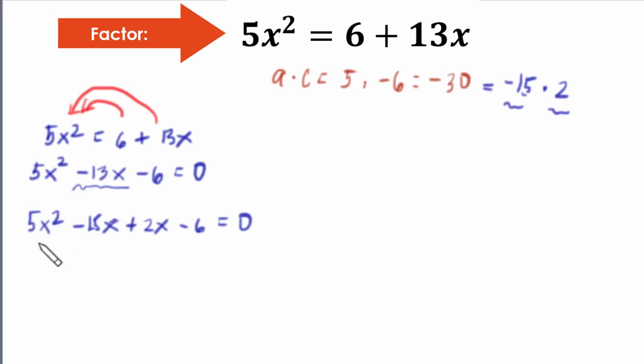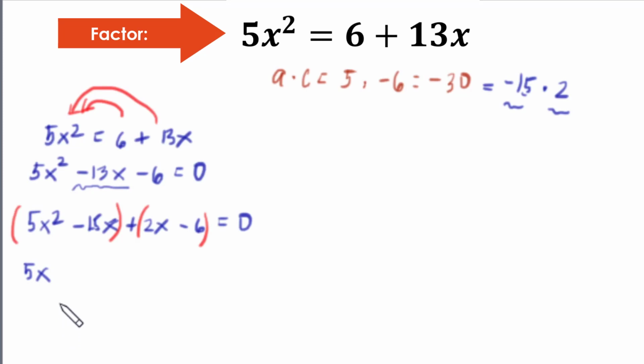So we will group. This will be our first group, this will be our second group. Afterwards we factor out the common terms. So 5x squared minus 15x, the common terms here are, we have both x, then we have both 5, so that will become 5x.